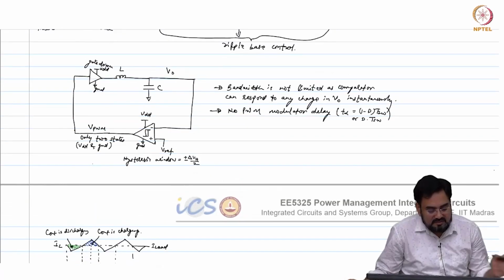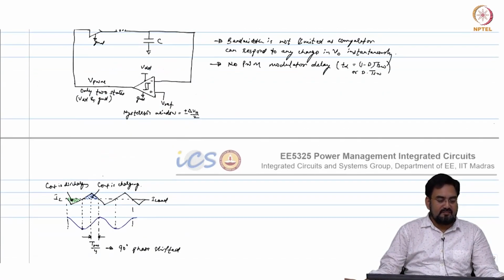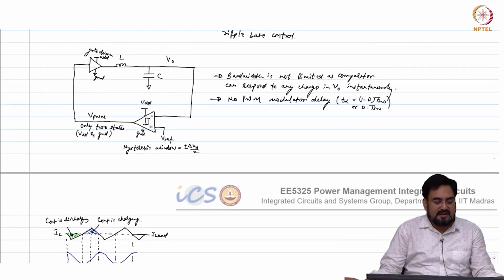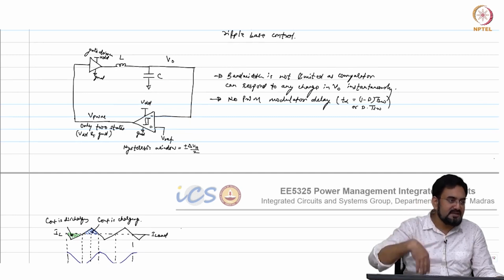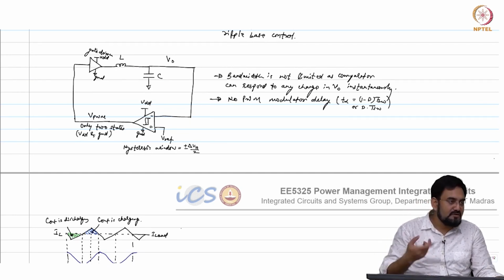So now what will this comparator do? You are asking the comparator that if V out goes above Vref plus Vh by 2, whatever the delta is, the output will go to 0, and if it goes less than Vref minus Vh by 2, it will go to high.